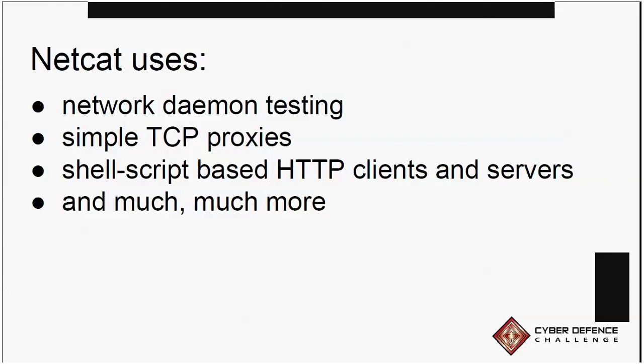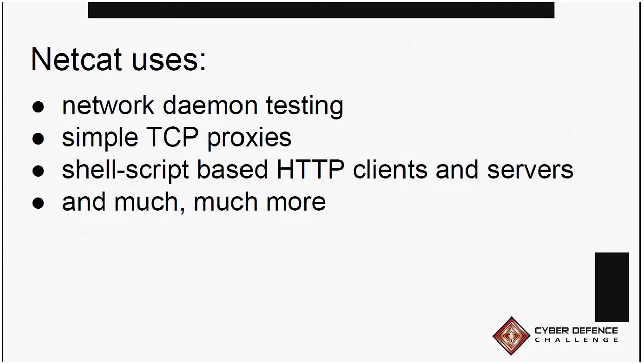Another use is simple TCP proxies, and actually maybe the easiest way of using NetCat and most entertaining for high school students, I guess. You can organize some kind of a chat through NetCat, which is somewhat interesting.